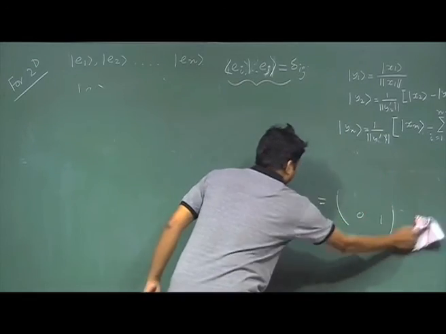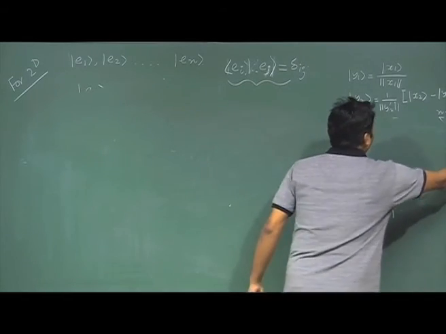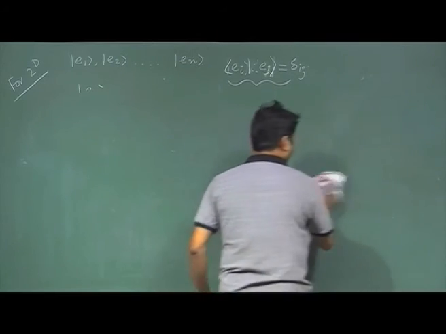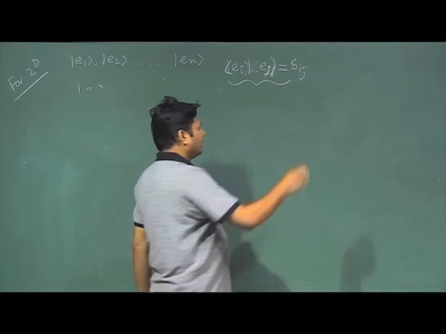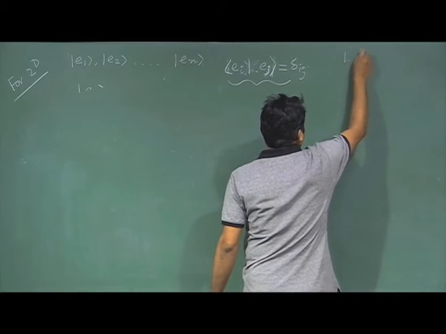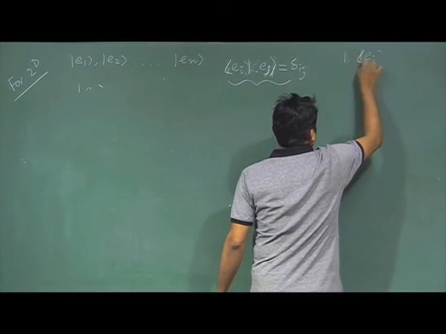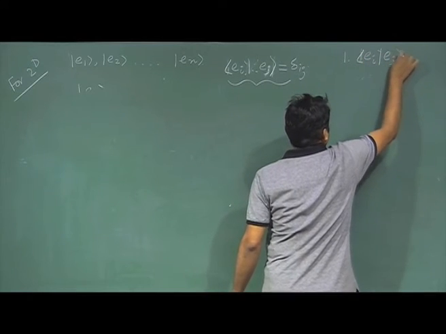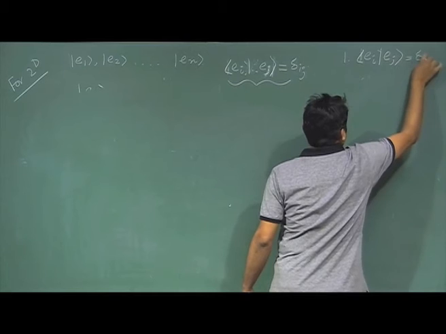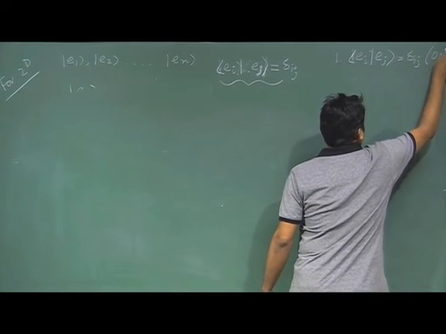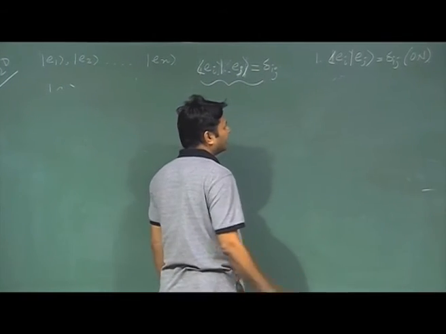So, let me write down the properties of the basis E. So far we have 2 properties. One is E_i dot E_j equals delta ij, which is called the orthonormal property; I write ON.